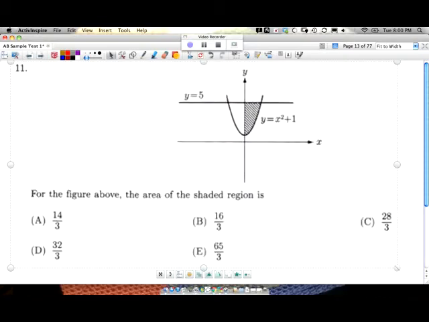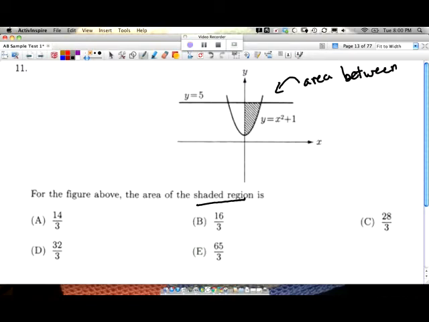Alright, in the figure above, the area of these shaded regions. So we're talking about a shaded region. Look at this shaded region. It's the area between curves. Okay, no big deal. Easy to find. Area between curves, well, that's from left to right of the top minus the bottom.